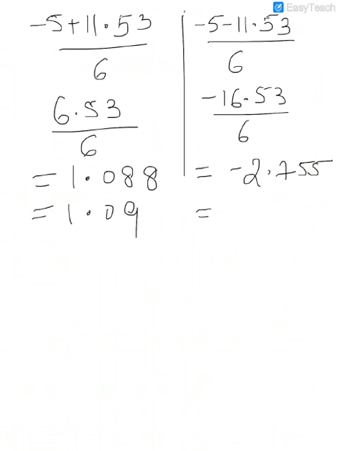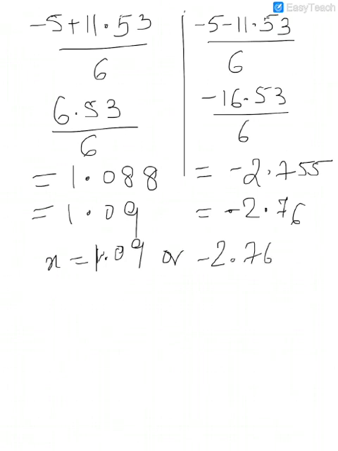So my answer is minus 2.76. So these are the two values of x. X is equal to 1.09 or minus 2.76. Please read carefully whatever they've expected in the answer, how many decimal places. There are various conditions they'll give you, up till 2 decimal places, 3 significant figures. You have to read that carefully.